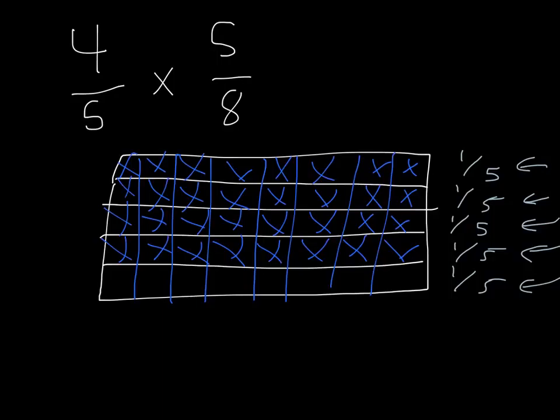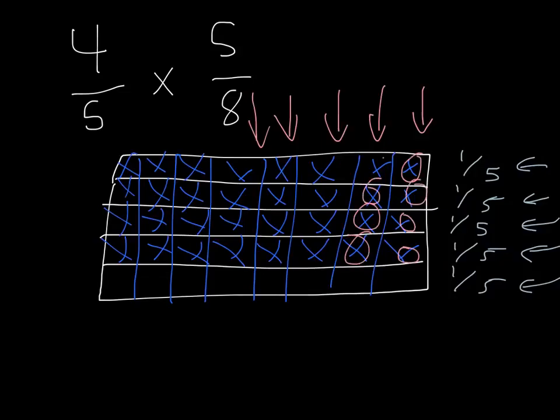So, if you think about it, I have 1, 2, 3, 4, 5. That would be 5 of my up and down strips colored in. 5/8. So I'm going to circle those. And I'm done.